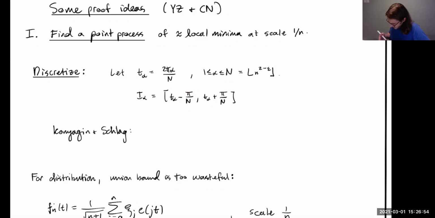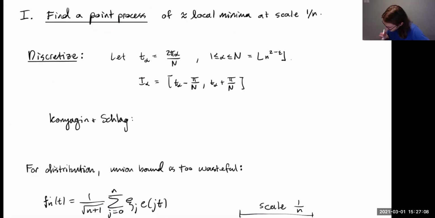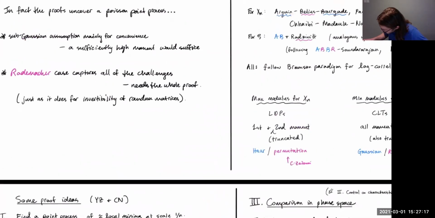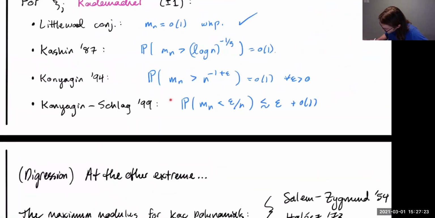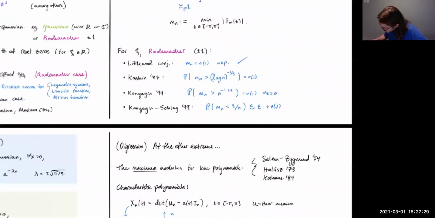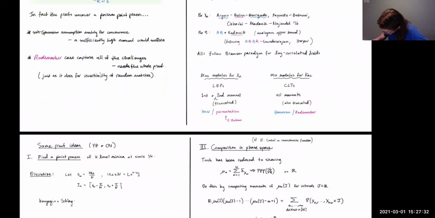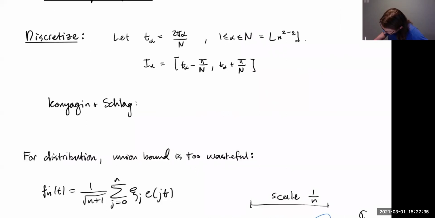Okay, so what we're going to try and do is, we need some continuity estimates to reduce consideration to the field at this discrete net of points. Konjagen and Schlag did this once they reduced to a finite set. This again is their result about the lower tail. In their result on the upper bound for the lower tail, they similarly reduced to a discrete set, and it's a very careful union bound.